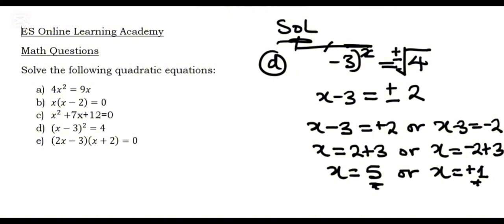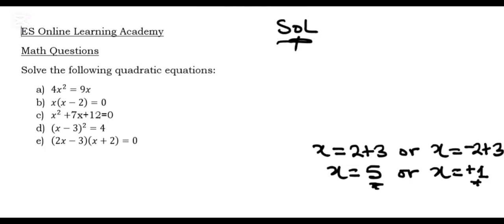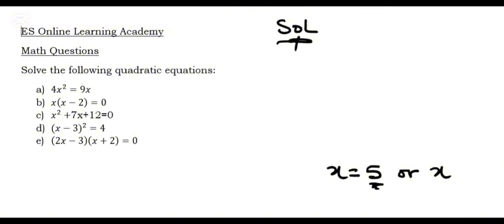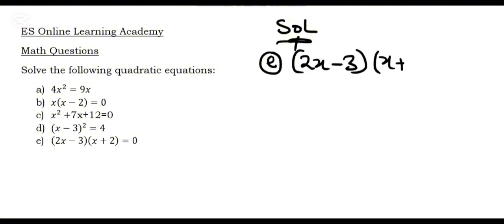Then the last one, C. What is on C is as follows. Solving for x on E. On E we've got 2x minus 3 in brackets, x plus 2 in brackets, equal to 0.